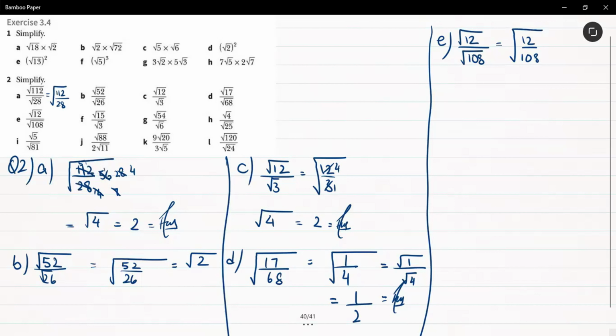We get under root 1 over 9. So what's under root 1 over 9? Under root 1 divided by under root 9. So basically, 3 threes are 9, yeah. So we can simplify this. Under root 1 is obviously equal to 1. Under root 9 is equal to 3. And that's it. 1 over 3 is our answer for part E.